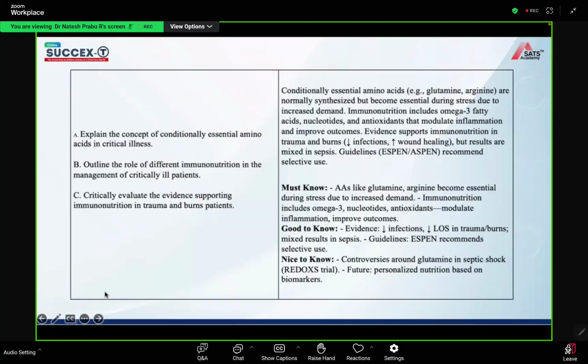The very less touched topic is immunonutrition, because only a handful of meta-analyses are available, and the evidence is quite wavering. It's not too strong. A lot of concept papers are there. So it is likely that there can be a question in this topic.